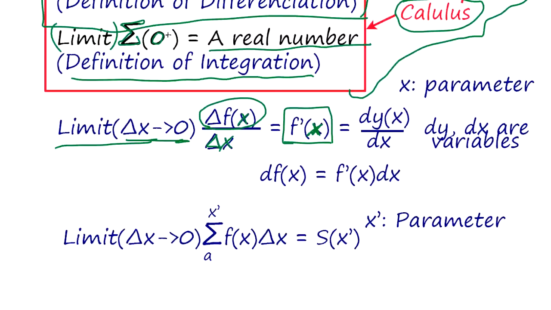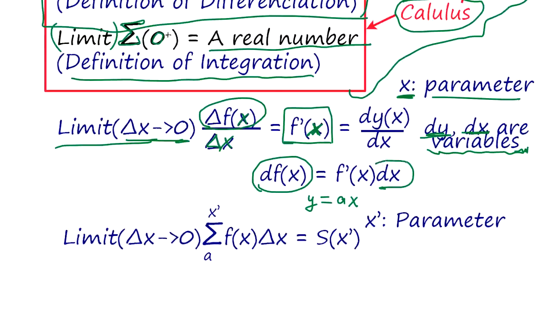So this f prime value depends on x, and we write it dy/dx, where x is a parameter and dy and dx are variables. This is simply the same as this equation, where this is a variable and this is the coefficient a, but there is a parameter x. Depending on x, the coefficient changes. So this is the derivative function.